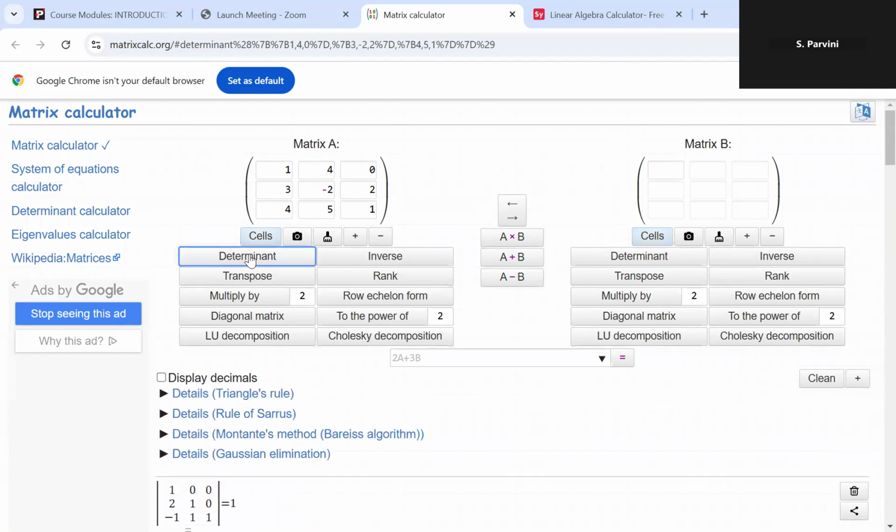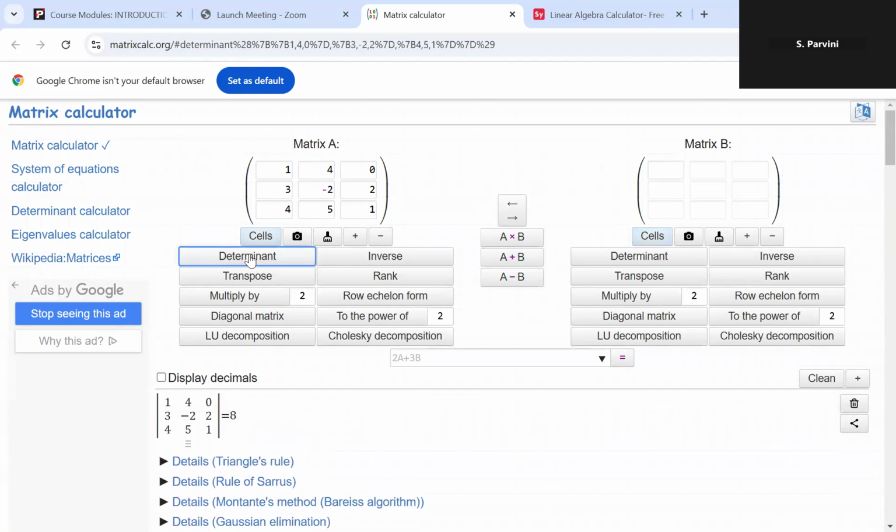And determinant. So it looks like the determinant is 8, correct? The determinant is 8. And again, please verify, make sure I transposed all the numbers correctly. It looks good. So this is going to be 4 cubed. What is 4 cubed? 4 times 4 is 16, times 4 is 64, right? 64 times the determinant, which turns out to be 8.